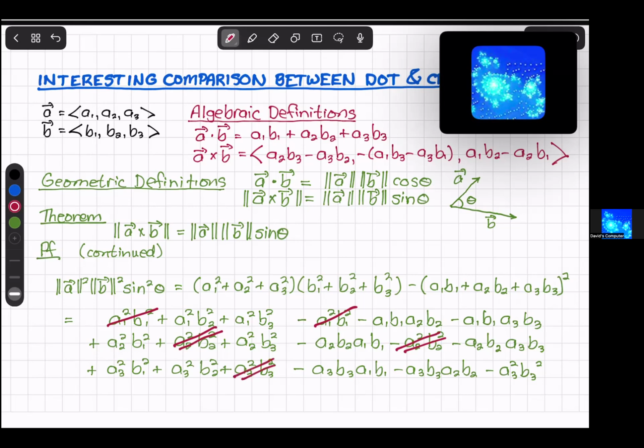A3 squared B3 squared, add and subtract. Now we have 12 terms remaining, but that's not the end of our organization, because among these subtractions, we notice that we have pairs of terms, each appearing twice.